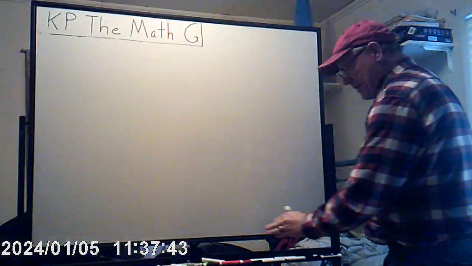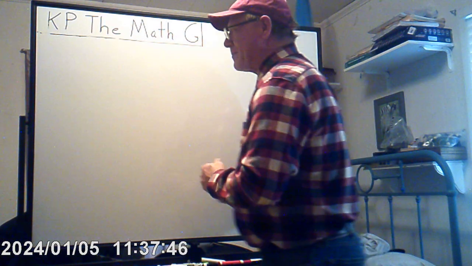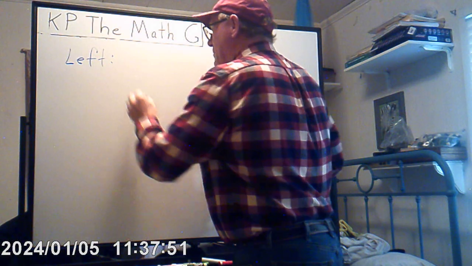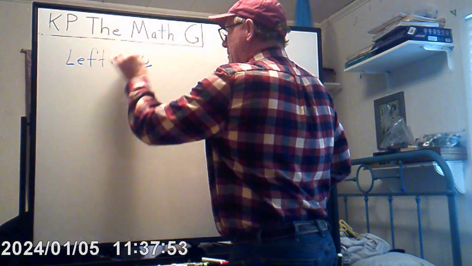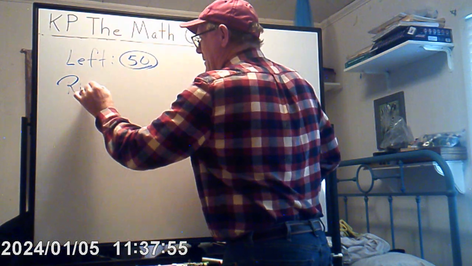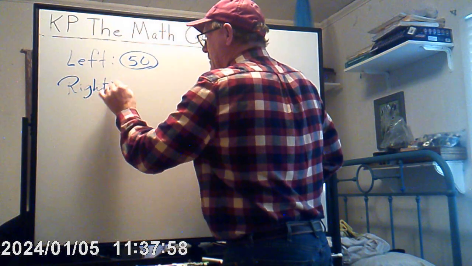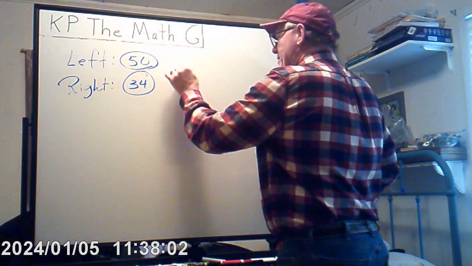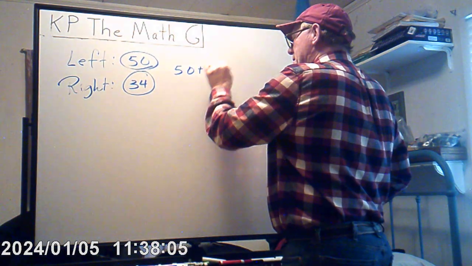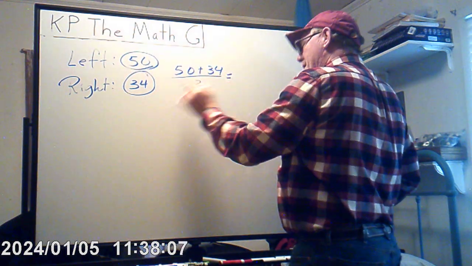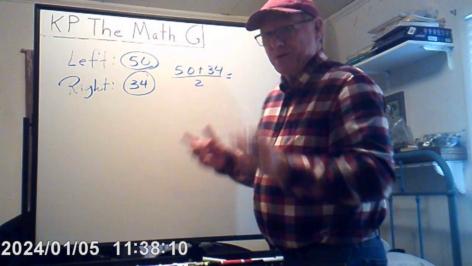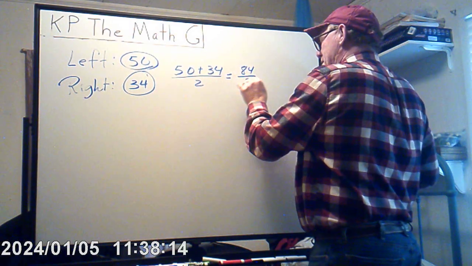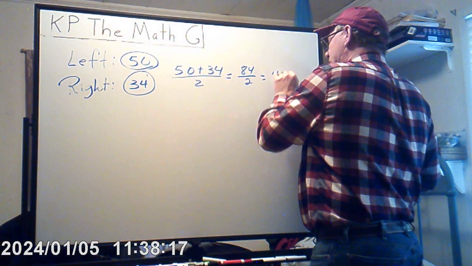A little observation here. When we did the left approximation, we got an answer of 50. When we did the right approximation, we got an answer of 34. When we averaged these two, we got exactly what the trapezoidal got us, and this is 84 over 2, which is 42.